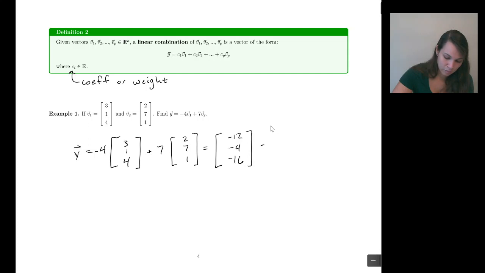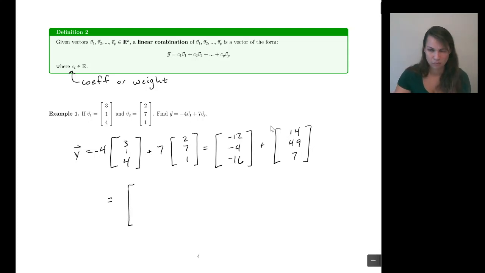And then same with the 7, we will distribute it to each component in v2. And then we know how to do vector addition from page 2. So we go through component-wise, 14 minus 12, 49 minus 4, 7 minus 16. Done. This is our y.